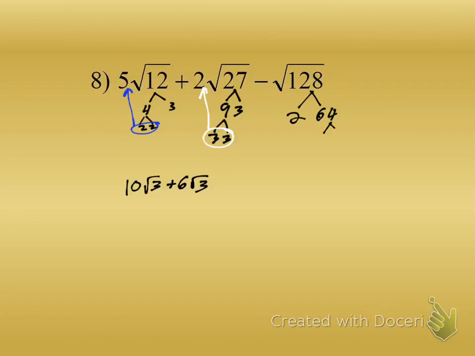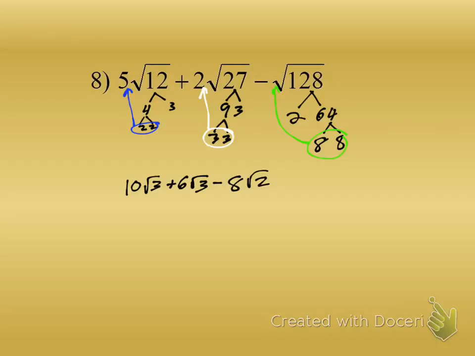And 64 goes 8 and 8. All right, and your pair of 8s, they come out right there. Minus 8 rad 2.